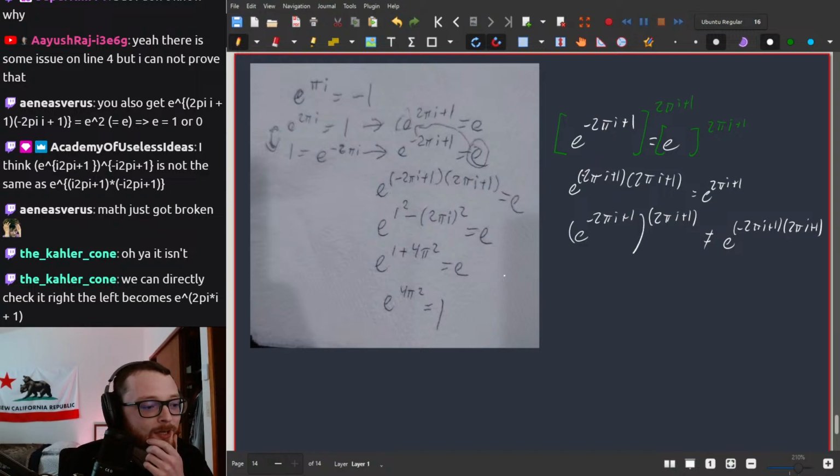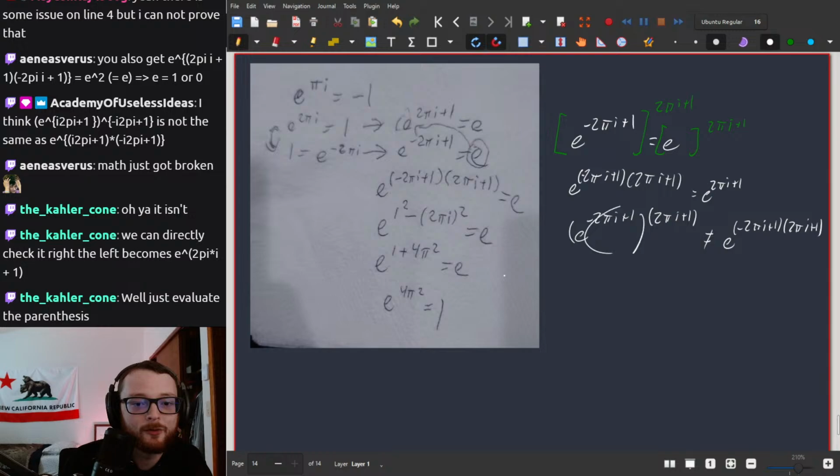We can directly check it. The left becomes e to the 2 pi i plus 1. Does it? Well, oh yeah, I guess because you could simplify that, we said that this is equal to e, right?